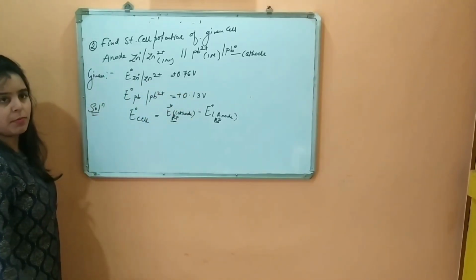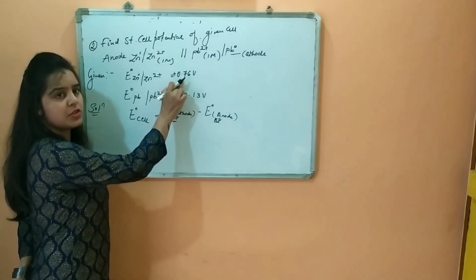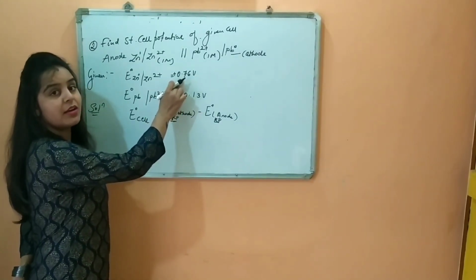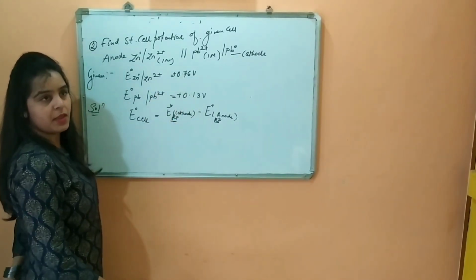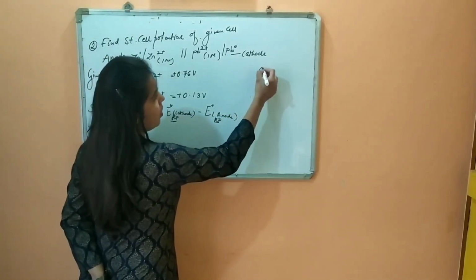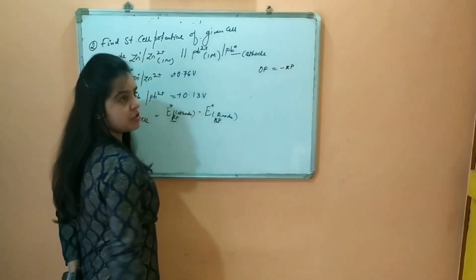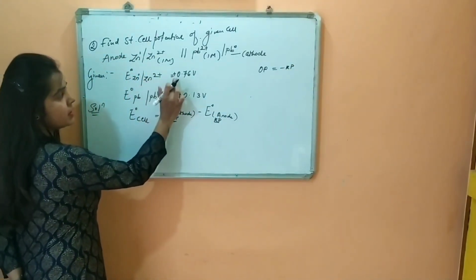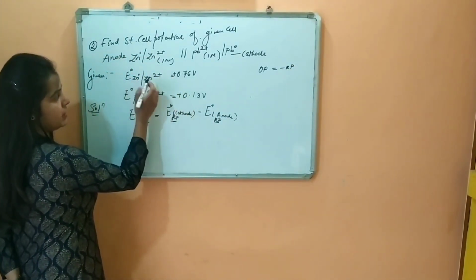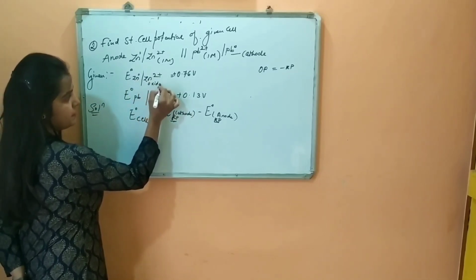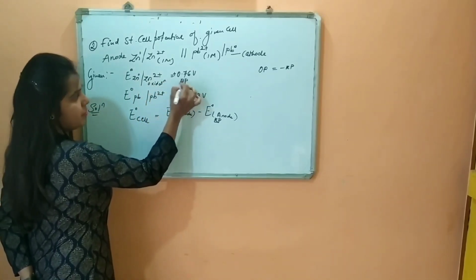Observe here. Zn from 0 state to 2 plus state is an oxidation reaction, and the potential is oxidation potential. But do we require oxidation potential? No. We require reduction potential. And I had told you, oxidation potential is minus of reduction potential. Therefore, this is oxidation potential.